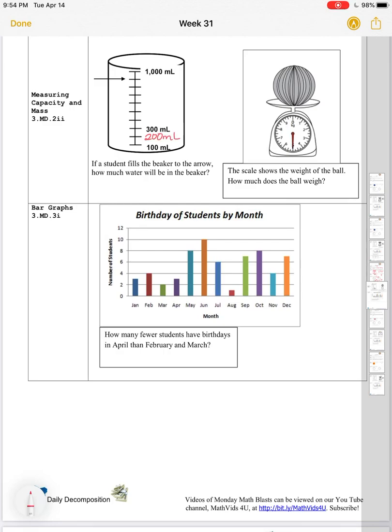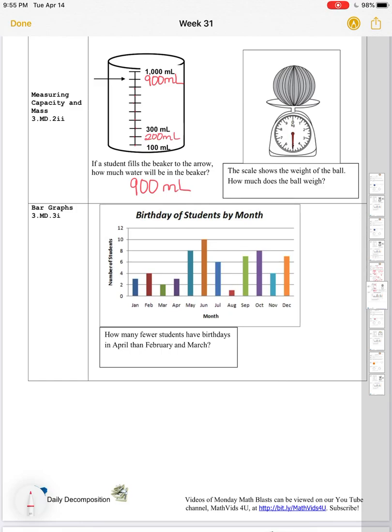We know that should be 200 milliliters. So as we move up each tick mark, we're counting by 100 milliliters. So let's start here. We have 100, 200, 300, 400, 500, 600, 700, 800, 900 milliliters is where the arrow is.